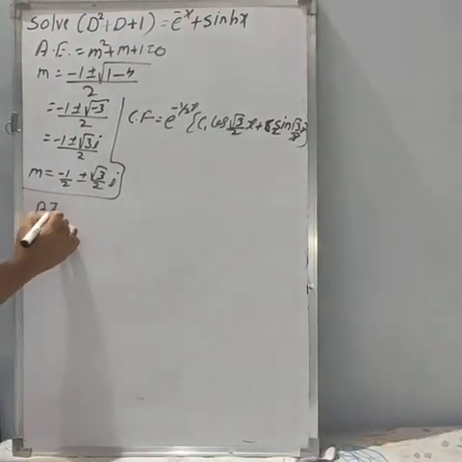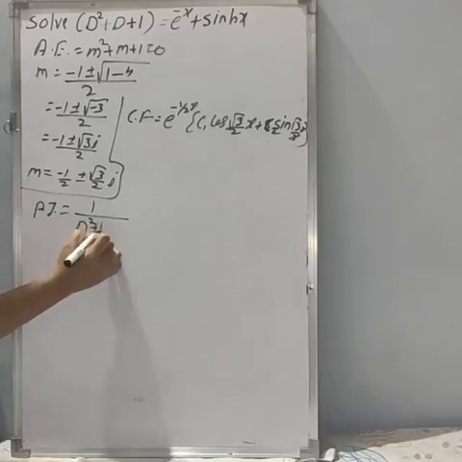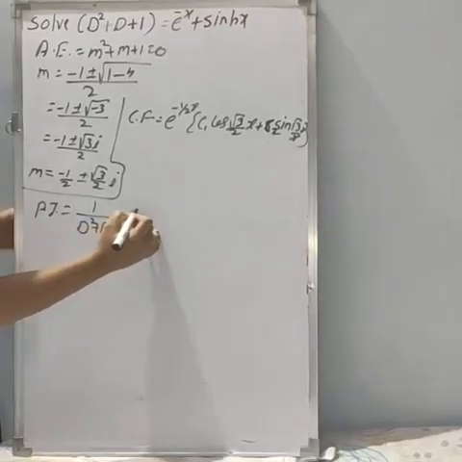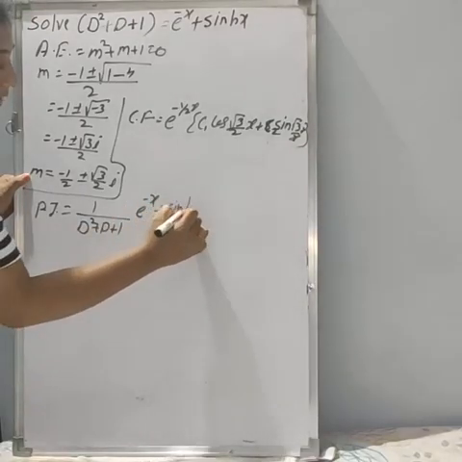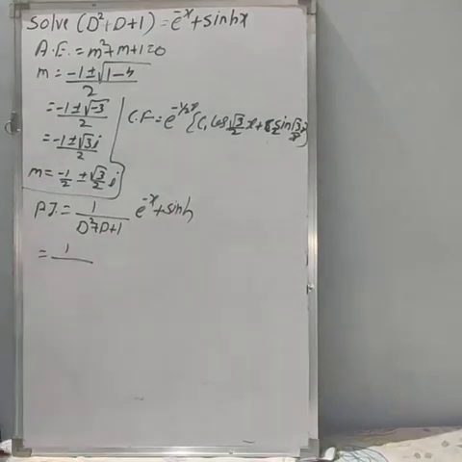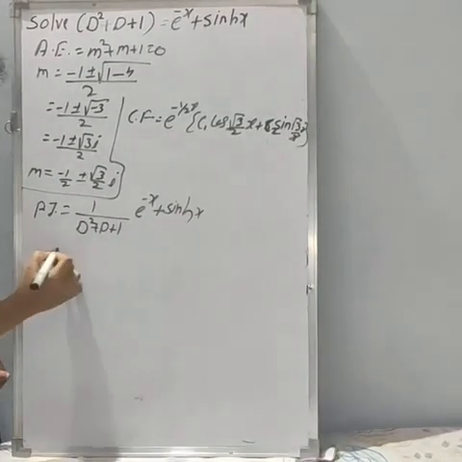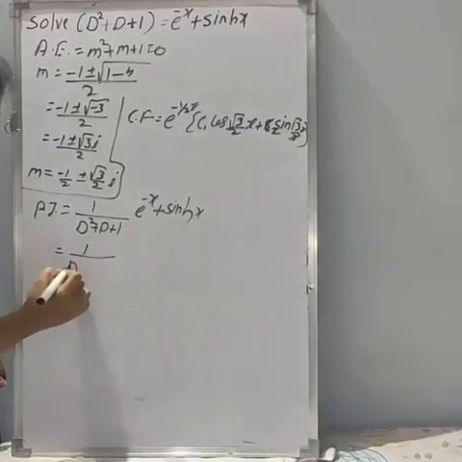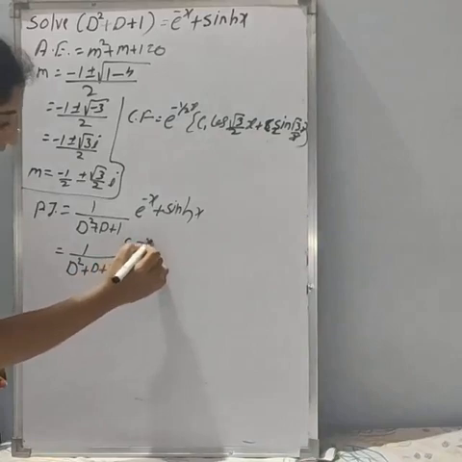So the particular integral is 1 upon f of d, which is d square plus d plus 1, next e to the power of minus x plus sine hyperbolic x. First we can substitute the value of sine hyperbolic x here. So you will get 1 upon d square plus d plus 1, e to the power of minus x as it is.